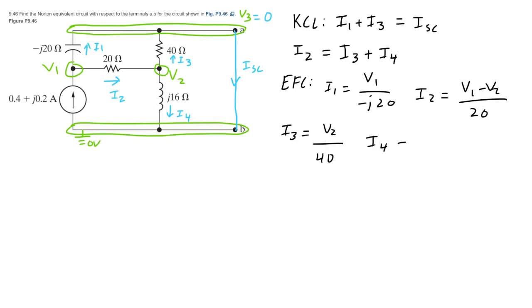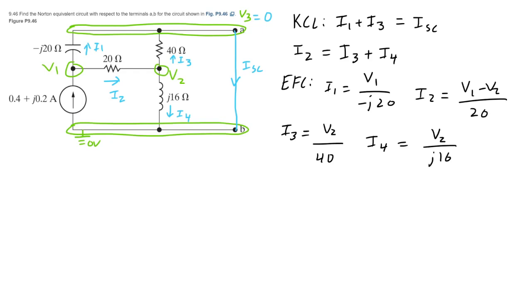And I4 is going to be V2 minus 0 over j16 ohms. Okay. So to find I short circuit, we need I2 or I1 and I3. And we can find out these values for the voltages.